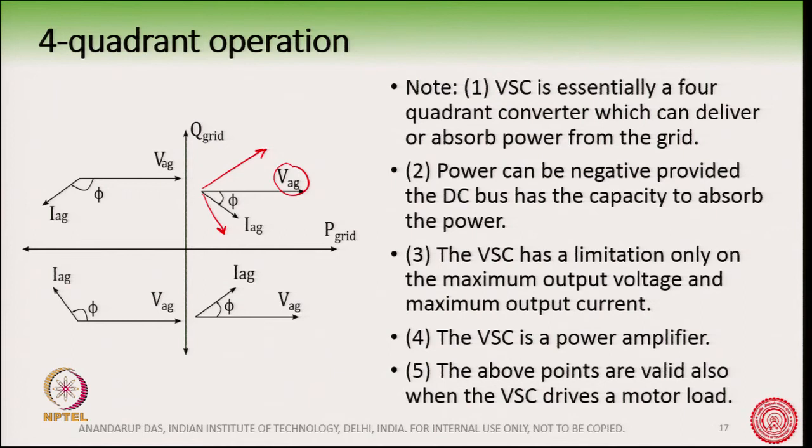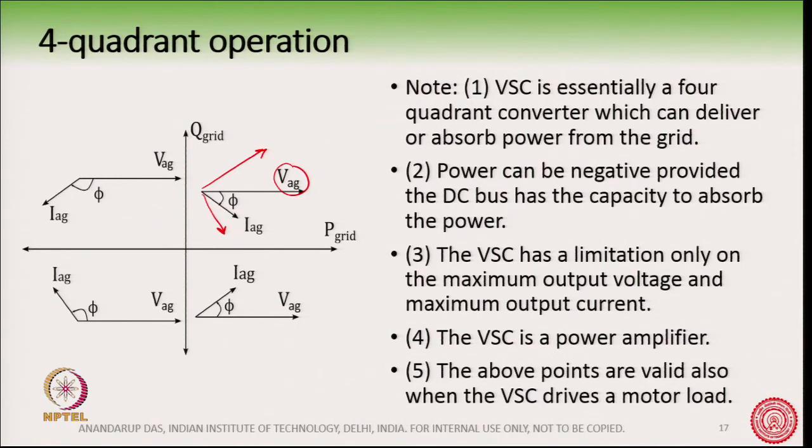You have an E, that is the back EMF, and you have a V, which is the infinite bus bar voltage, and E and V can be one leading or lagging, and E can be greater or lesser in magnitude compared to V, and accordingly you will move in the 4 quadrants of the PQ diagram.